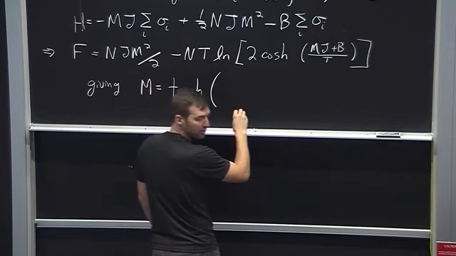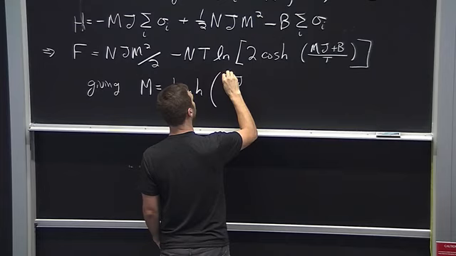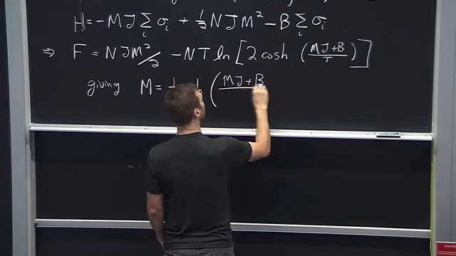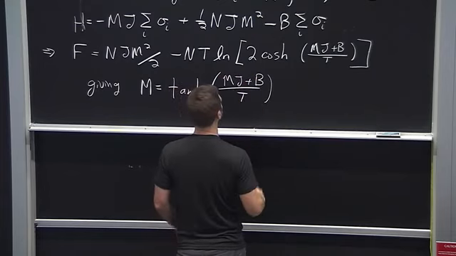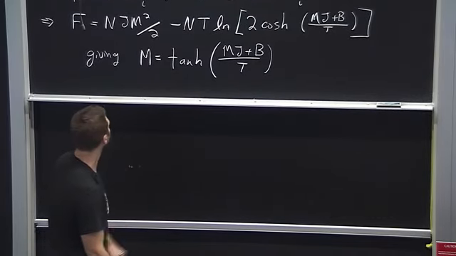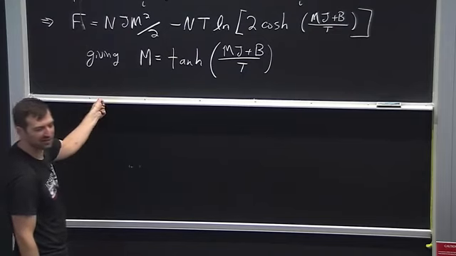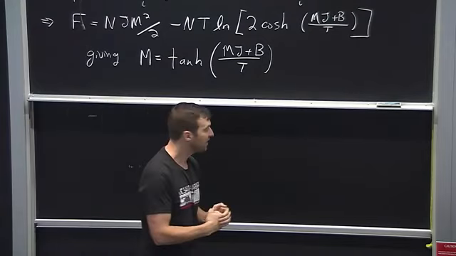So m equals tanh of (mJ plus B) over T. Okay, so that's the nonlinear equation that you have to solve to get the magnetization.